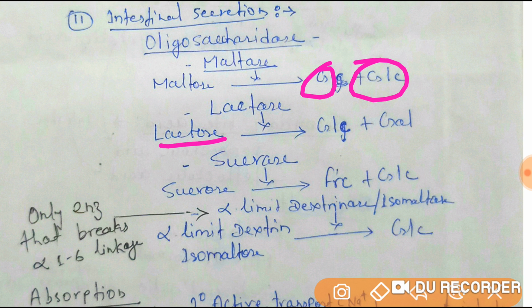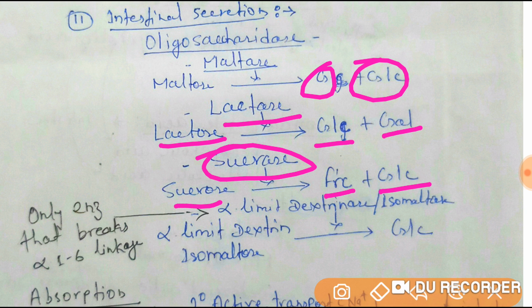Lactose is the carbohydrate substrate; here the lactase enzyme breaks it into glucose and galactose. Sucrose is broken down to fructose and glucose by the sucrase enzyme. So you also have to remember the breakdown product of maltose is glucose. Lactose gives glucose and galactose, and sucrose gives fructose and glucose.